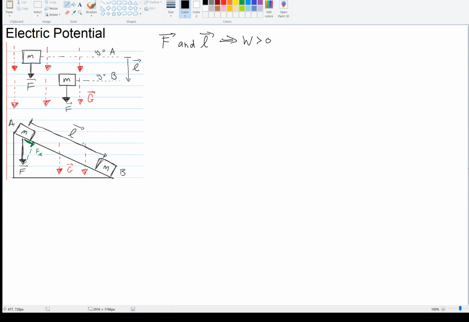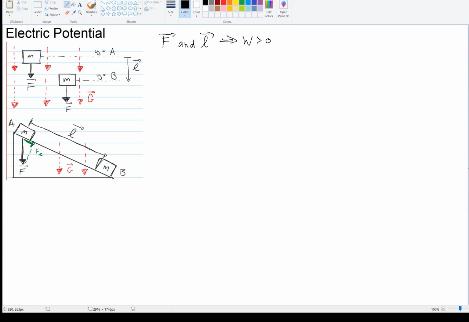Now L is down the incline of the ramp. F, the gravitational force, points straight down, but it has a component that's parallel to L and a component that's perpendicular to L. The component parallel to L does the work, just like up here, where F was parallel to L. The part that's perpendicular to L does no work. This should not be surprising. This was covered in physics.